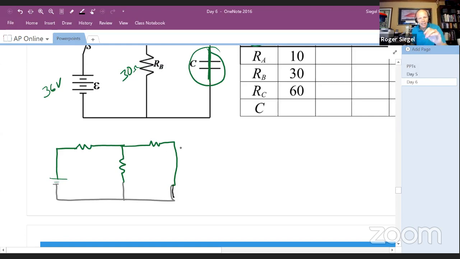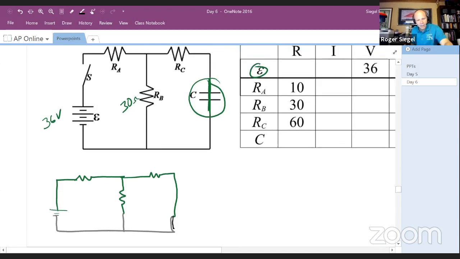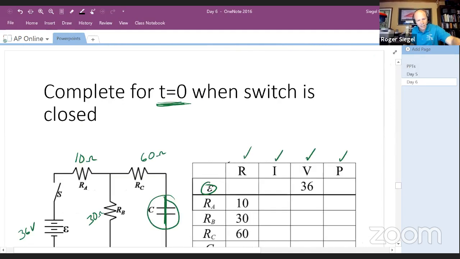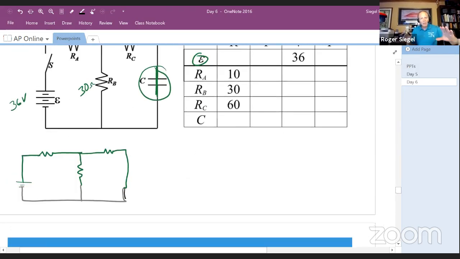Notice the only thing that I did is I took the capacitor out of the system, out of the equation, because it is not part of the problem at this point. So I'm going to leave it alone.